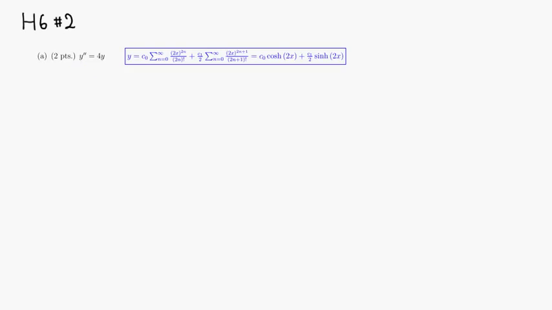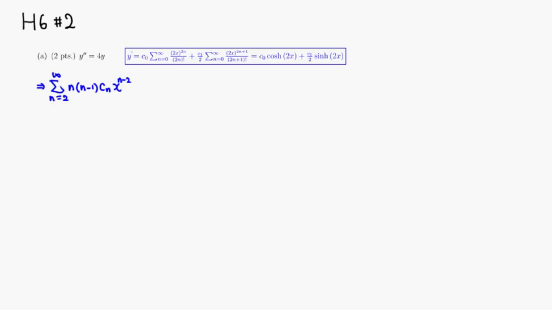Alright, so y double prime is the summation, n goes from 2 to infinity, n times n minus 1 times c sub n, x to the n minus 2.